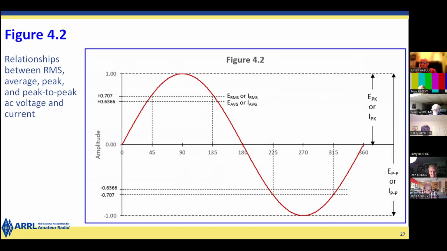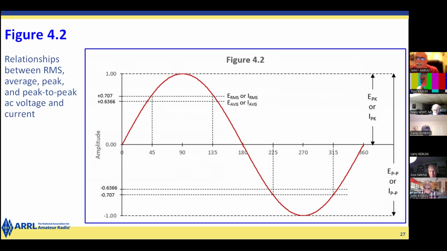But why 45 degrees? It's root mean square, so they're squaring as you integrate along that curve. They're squaring it and then finding the root of that. It's the power.